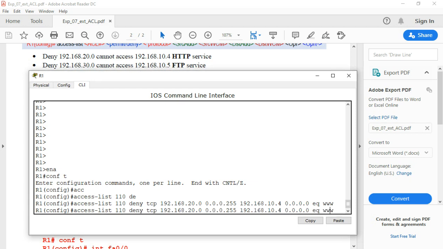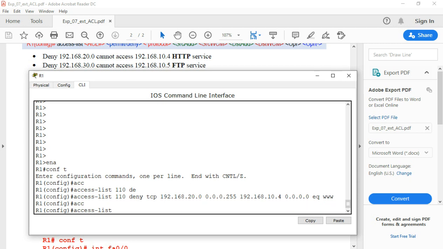So let's go to the second one. It is access list, network 30. Let me write it again. Access list 110, the same access list, because we will activate it on one board in one shot. So we should write the same access list 110. Deny.